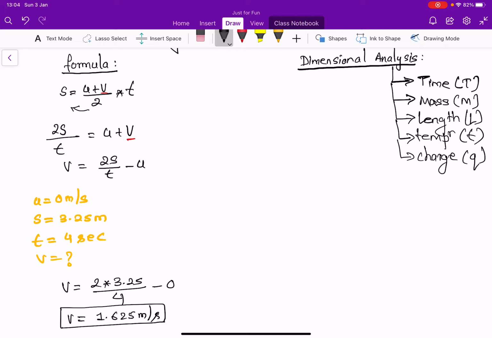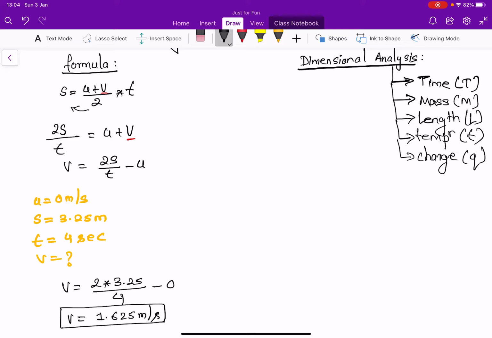Any parameters can be converted into these 5 fundamental dimensions, and then using that information we can calculate the result. So every parameter should be converted into these fundamental dimensions. That's the key point.